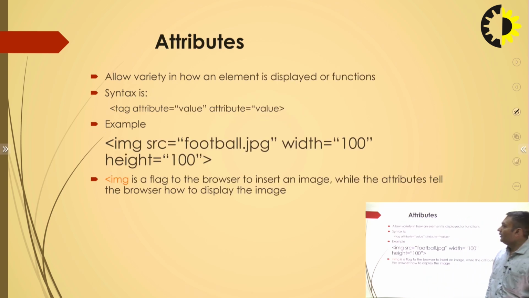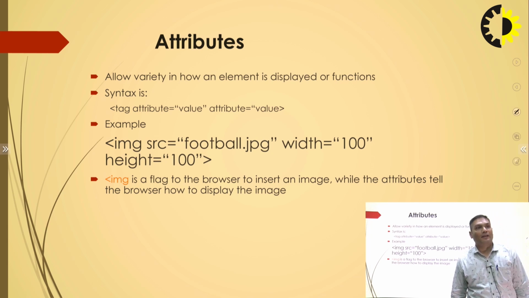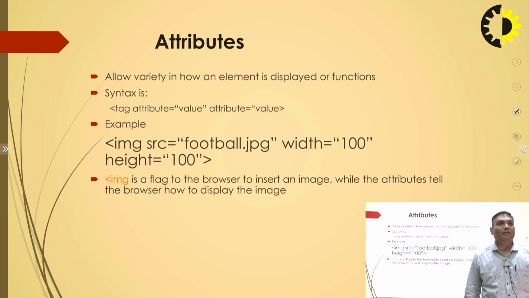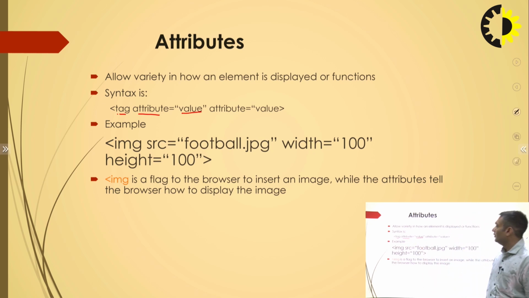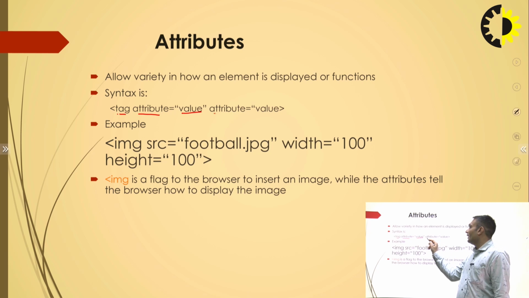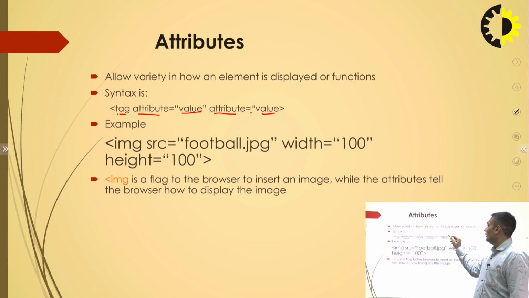Now, attributes. An attribute allows a variety in how an element is displayed or functions. The syntax of an attribute is the tag, then the attribute equal to its value in double quotes.